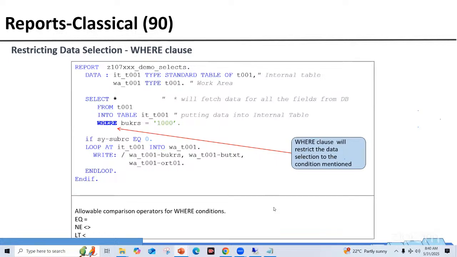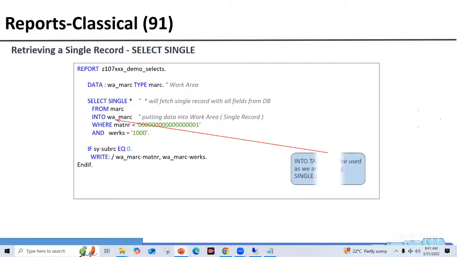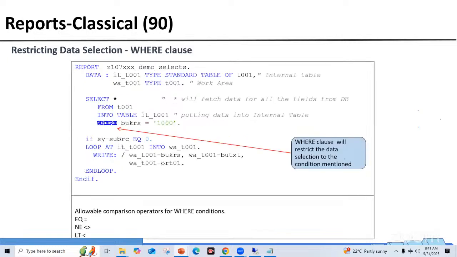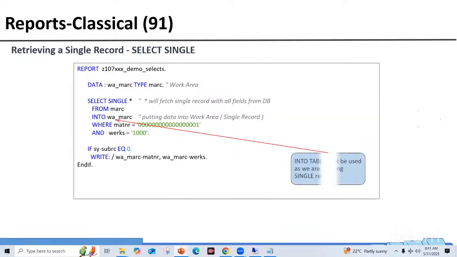From the database table, it brings records wherever the company code equals 1000. Then you are looping here. The loop will execute based on the number of records available for company code 1000; that many times it will execute. It's clear, right? Any doubt here?